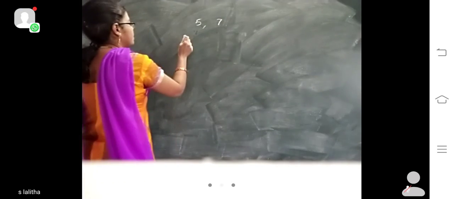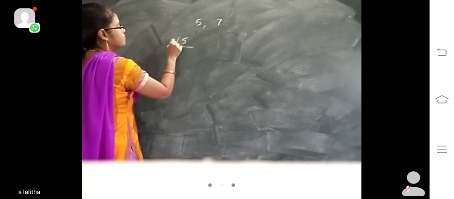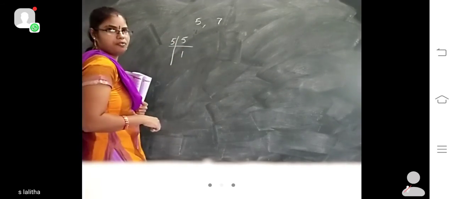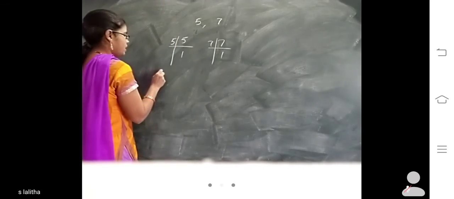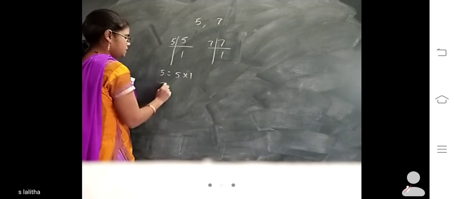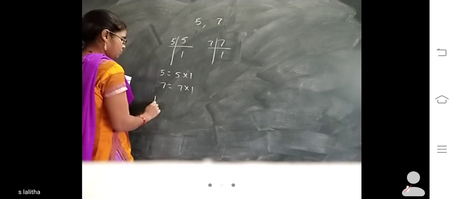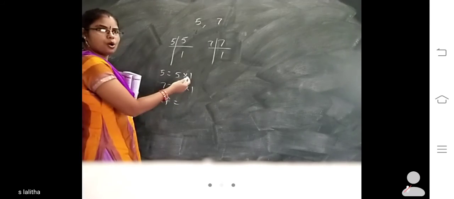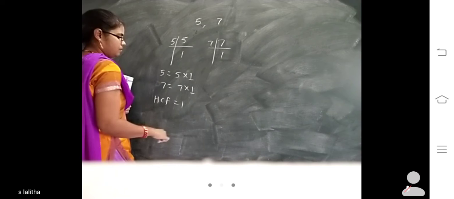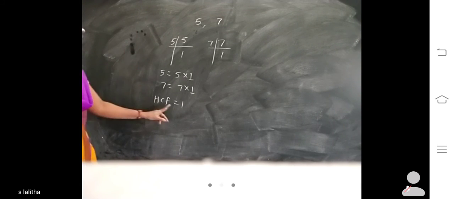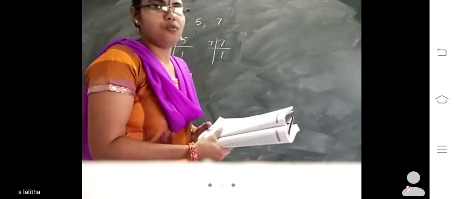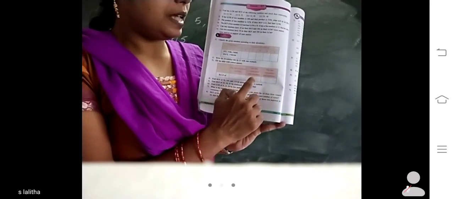Find the factors: 5 is equal to 5 into 1, 7 is equal to 7 into 1. What is the common factor? 1. So if you take any two consecutive odd numbers, the HCF will be 1. What is the answer? 1. So write in the third box 1. First box 1, second box 2, third box 1.